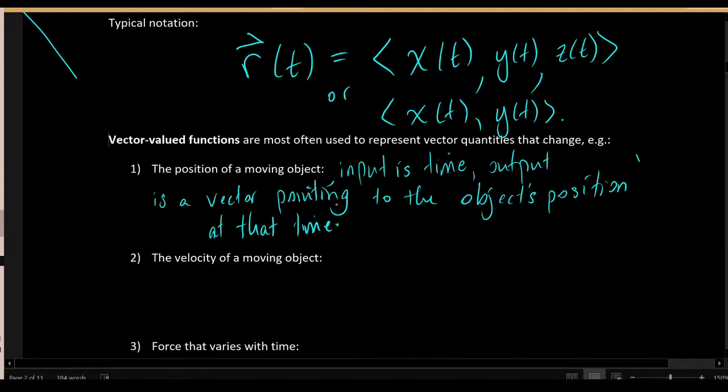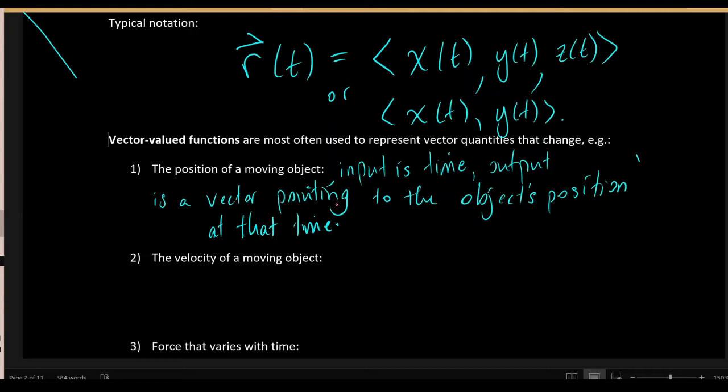Related to this, we can also represent the velocity of a moving object using a vector valued function. We saw that a velocity could be represented as a vector where the direction of the vector was the direction of the object's movement and the length of the vector represent the object's speed. But if the object is accelerating or decelerating, if it's turning in this direction or in that direction, then the velocity vector is not constant and it's changing over time.